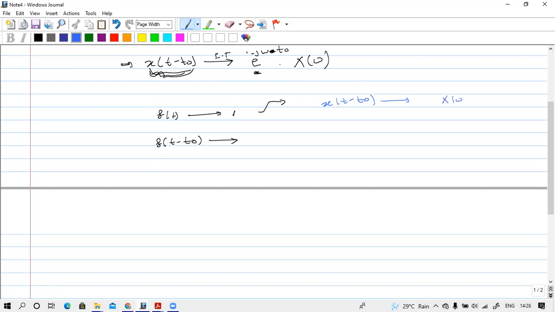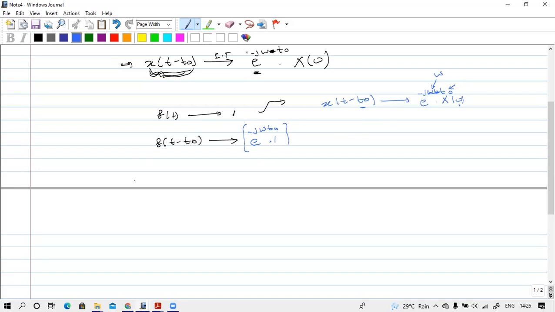The time shifting property says that for the shifted signal x(t minus t naught), the Fourier transform is X(omega) multiplied by e to the power minus j omega t naught. Here omega is not a constant; omega is an independent variable, and t naught is a constant, the shifted time. Here X(omega) is 1, so you simply multiply that by e to the power minus j omega t naught, and you will get this as the answer.